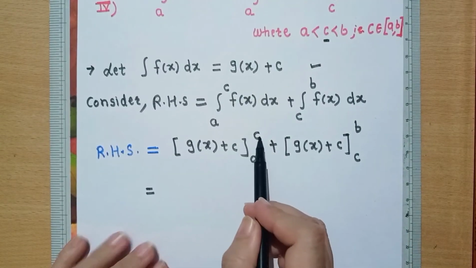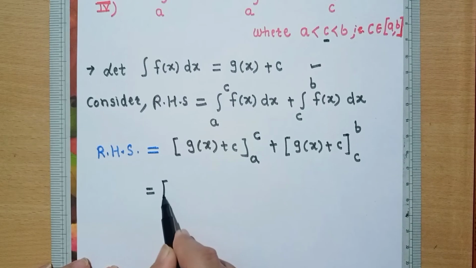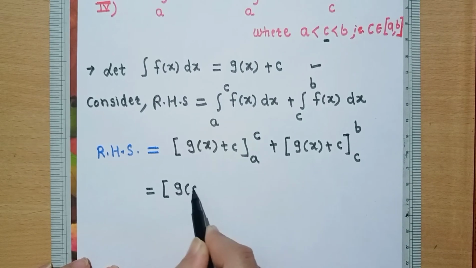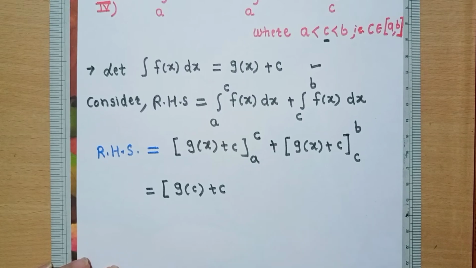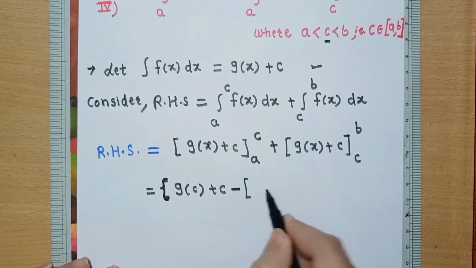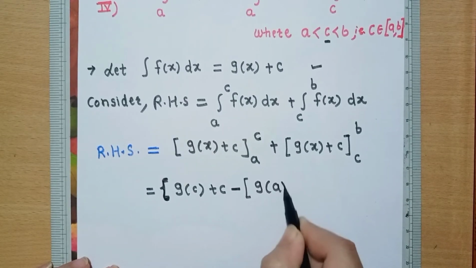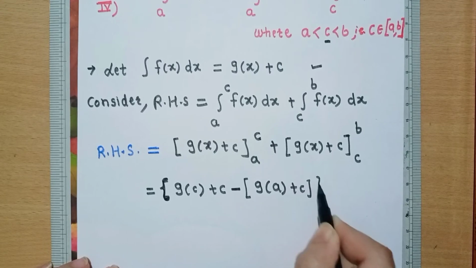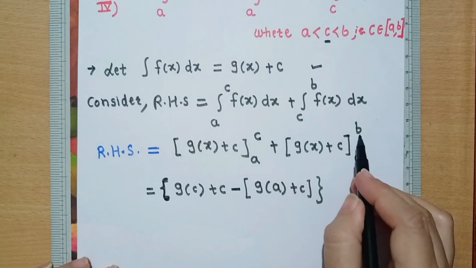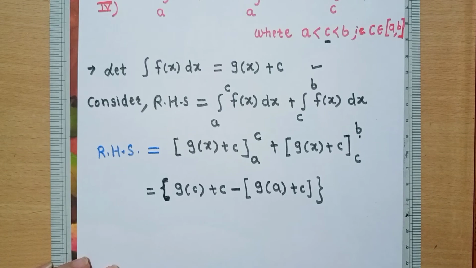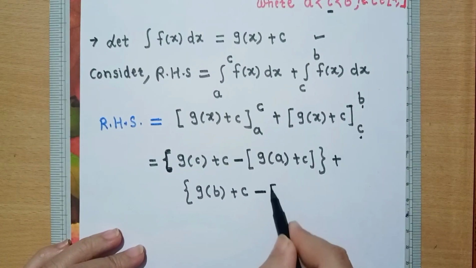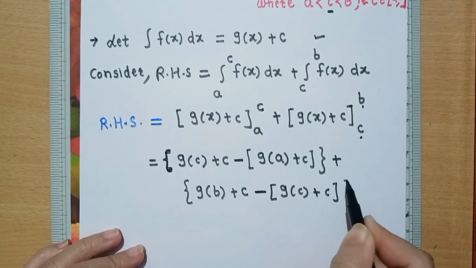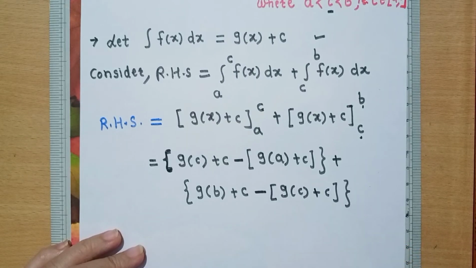Here first we will substitute the upper limit, so we have g(c) + c, then we will substitute the lower limit, and therefore g(a) + c, this bracket complete. And here also first we will substitute the upper limit, and again we will substitute the lower limit plus c, and this curly bracket complete.